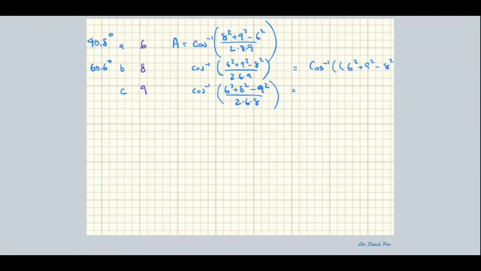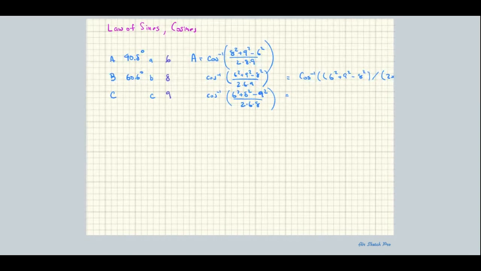So open a parenthesis for the numerator, 6 squared plus 8 squared minus 9 squared, close the parenthesis. Divide, parenthesis for the denominator, 2 times 6 times 8, equals. And I get an answer bigger than 60 degrees.